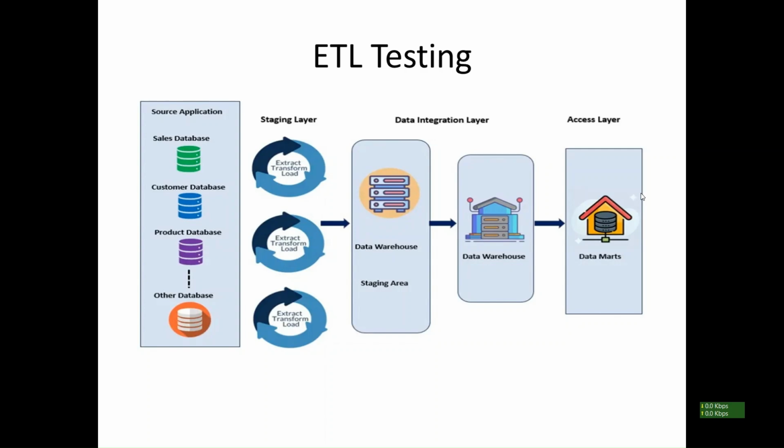That you will check in your transform. Next is data extraction validation: whether the right data is extracted from the source system to the destination system. That you also check in your ETL testing.